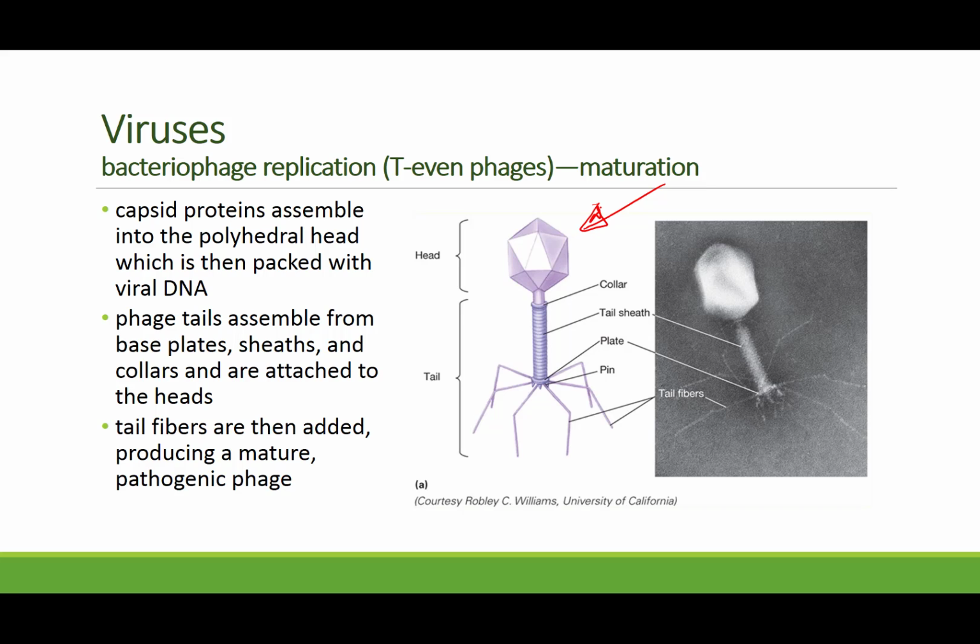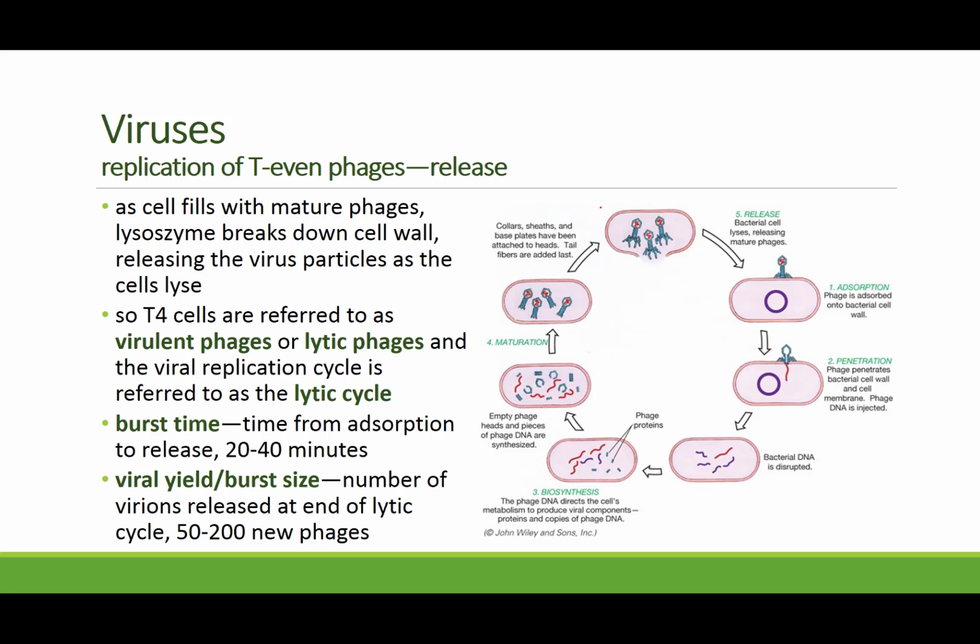The phage tails are also assembled from the base plates that are built, the sheaths, and the collars. And once that phage tail is assembled, it's attached to the head. And then finally, at the very end, the tail fibers are added, and you have a mature, and now pathogenic bacteriophage.